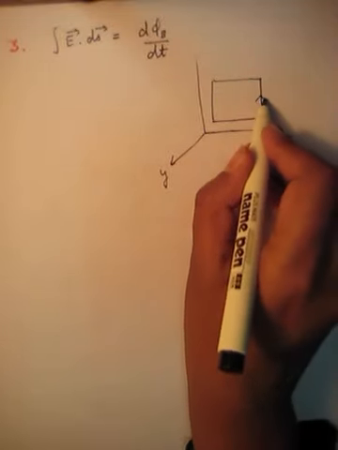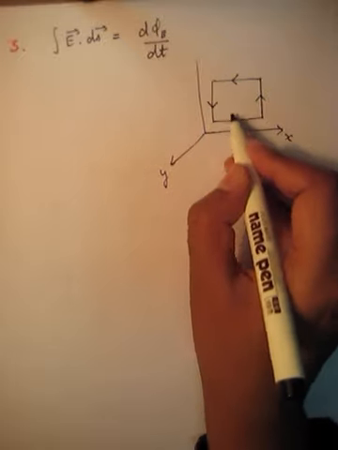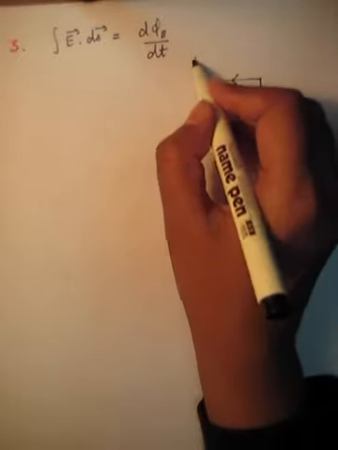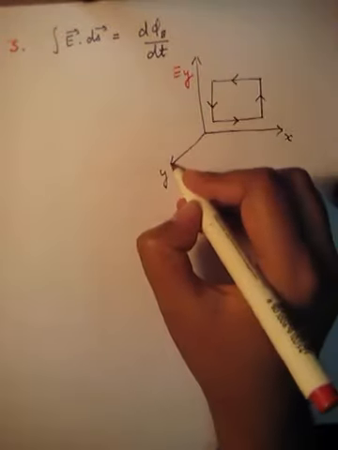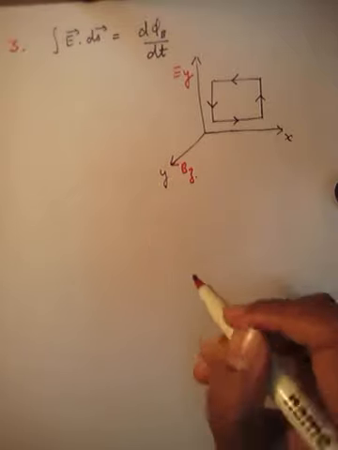Let's say that the loop is being traversed in this direction, the electric field is in this direction, and the magnetic field is in this direction.